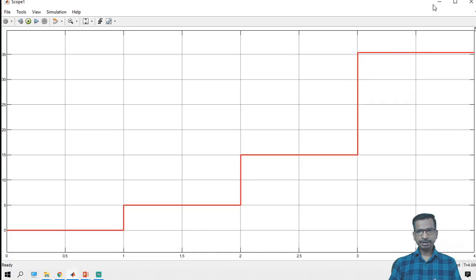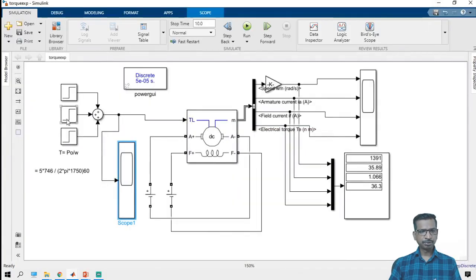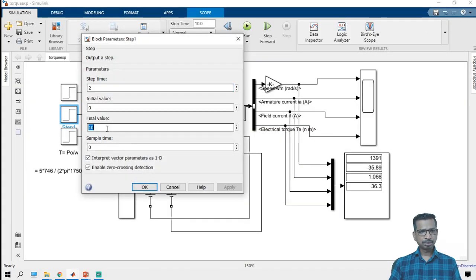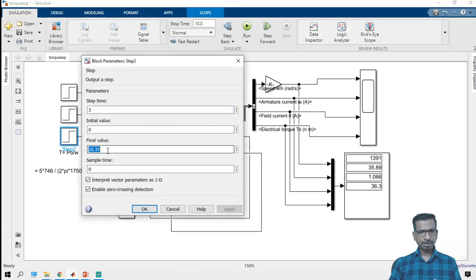Okay, load has been added, so we have to change the value to 5, and again we have to add 10.